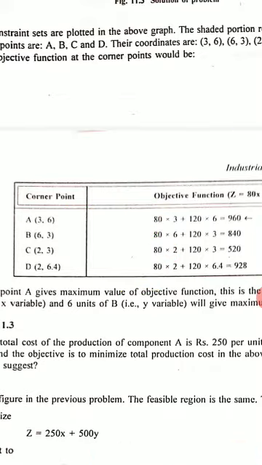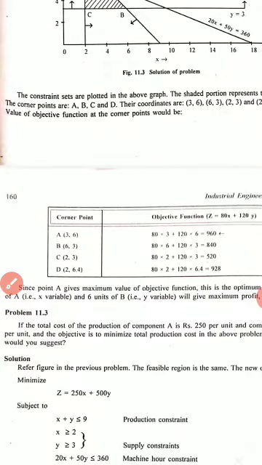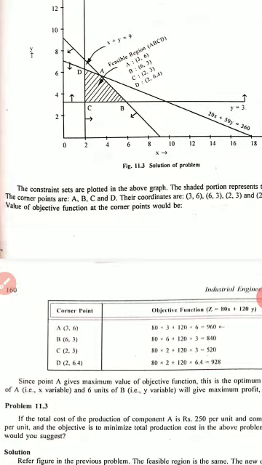Therefore, our optimum solution we will get at which point? Point A, at which we have to produce how many components of x and y? We have to produce the components of x as 3 and components of y as 6.